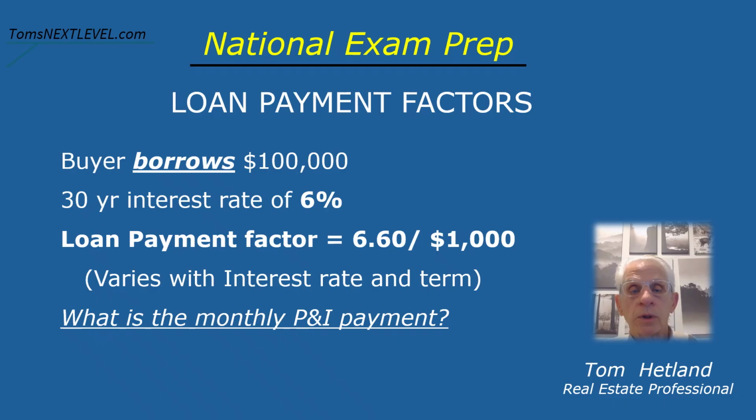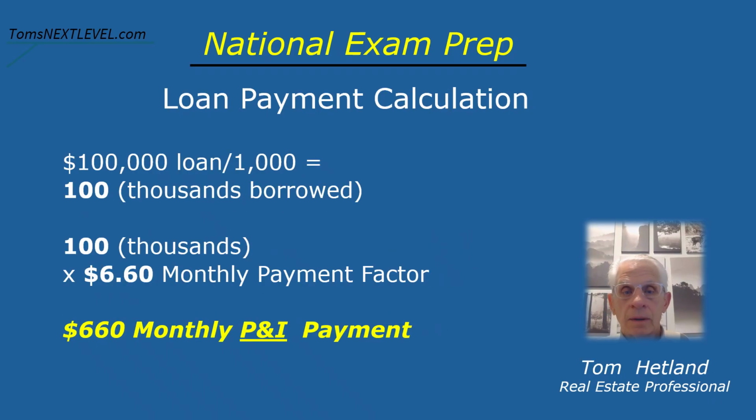First of all, what would the monthly payment be for principal and interest on this loan? Okay, let's break this down a little further. The buyer is borrowing $100,000. The payment factor is based on how many thousands of dollars the buyer is borrowing. So how many thousands are there in $100,000?